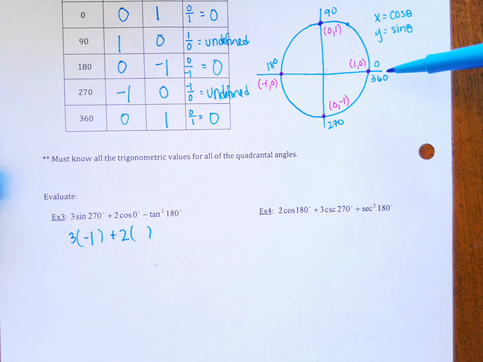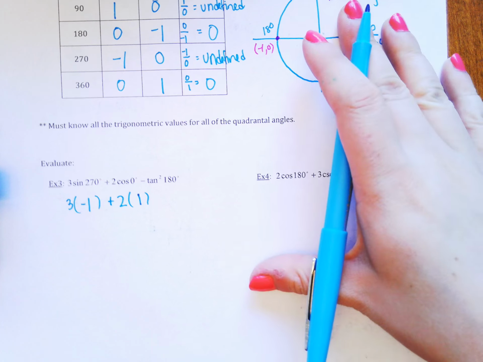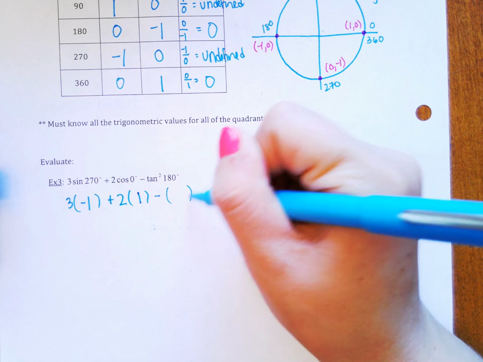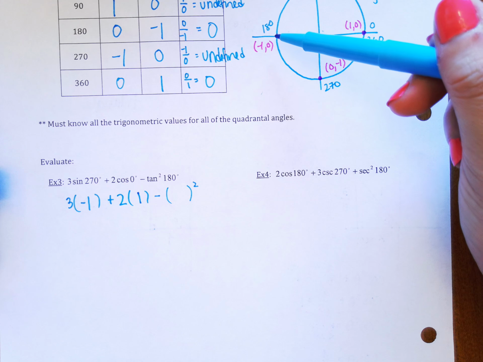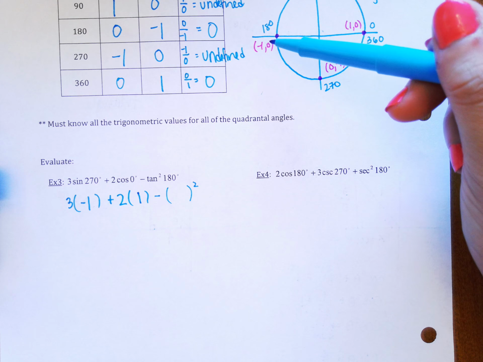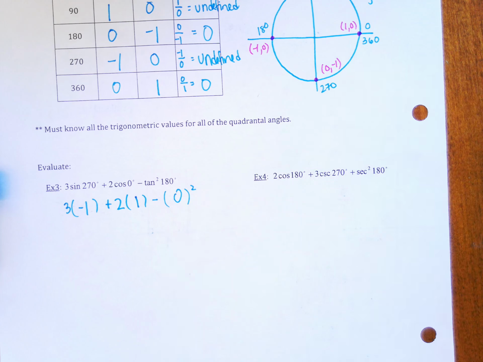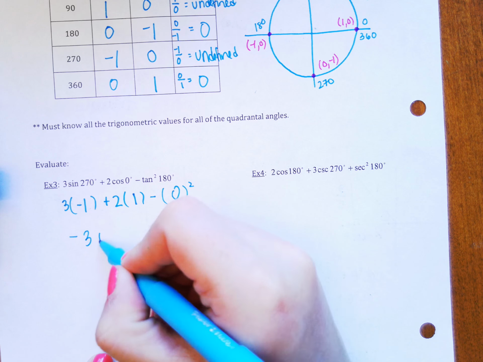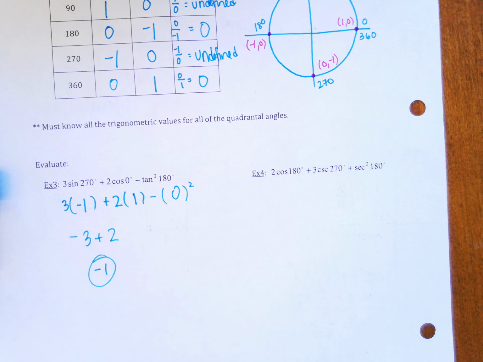At 0 degrees, we're over here, at 1, 0. Cosine is our x value, so it's going to be 2 times 1. And then at 180 degrees, we're looking at our ratio of sine over cosine, so that's 0 over -1, which gives 0. So all in all, I have -3 plus 2 minus 0, which gives me a value of -1.